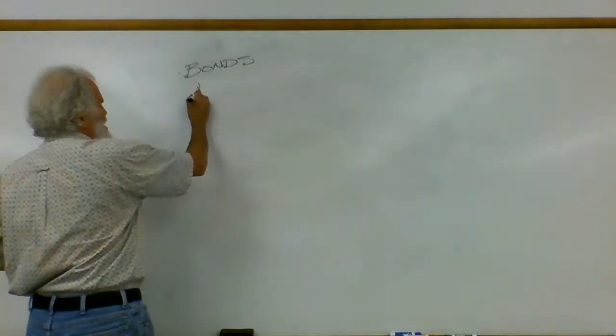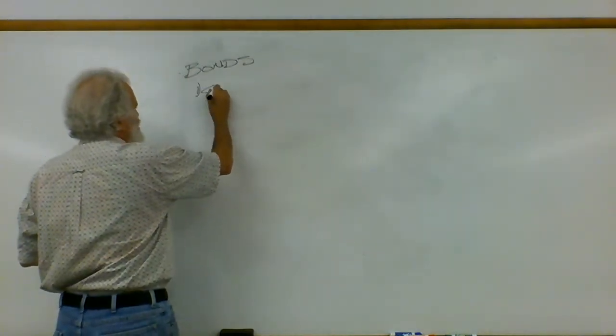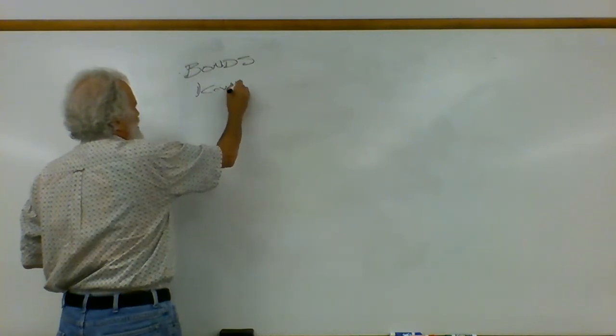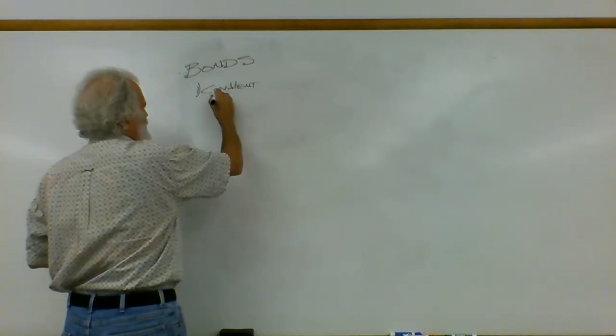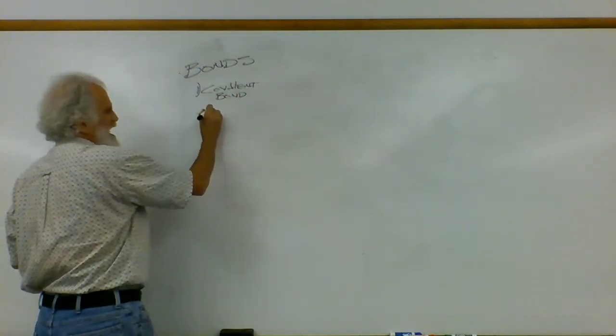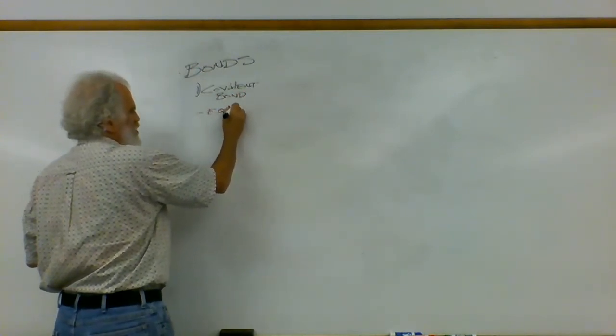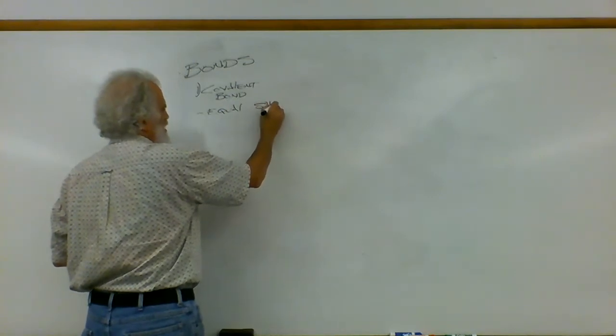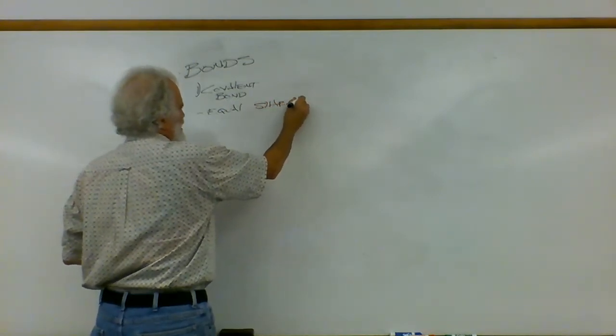Number one bond is something called a covalent bond. And this is defined as the equal sharing of electrons.